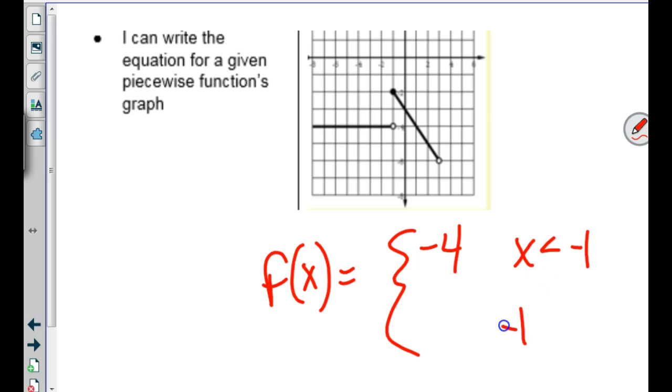And then from -1 to +3, with a solid circle at -1 and an open circle at 3, how do we come up with the equation of that line? The slope is going down 1 and over 1, and it crossed the y at -3. Now, the book would probably put like if x is between, but I don't care as long as you write the rule.